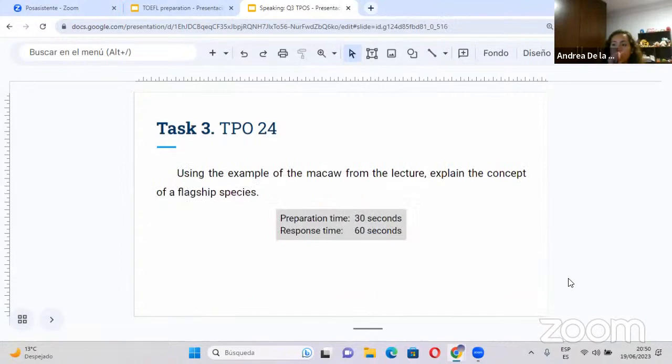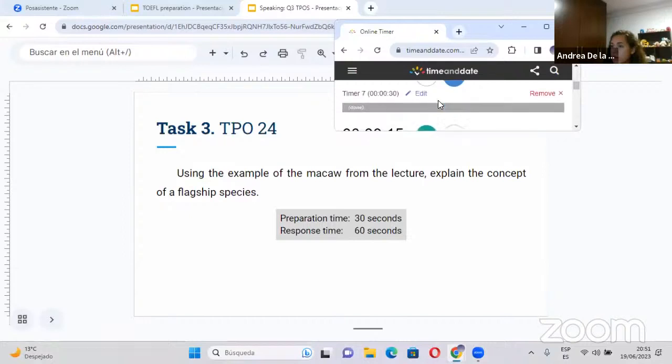Now, using the example of the macaw from the lecture, explain the concept of flagship city. Now you guys will have 30 seconds to prepare your responses.